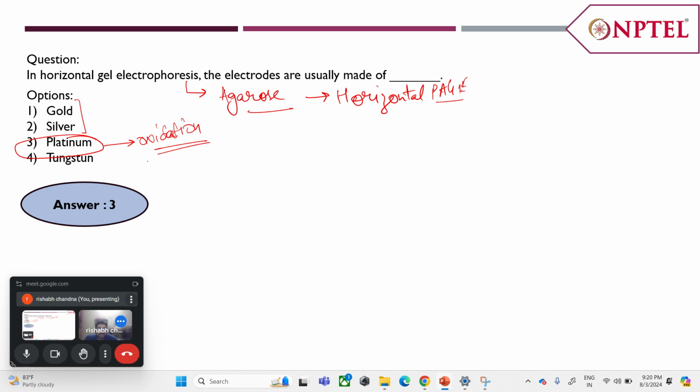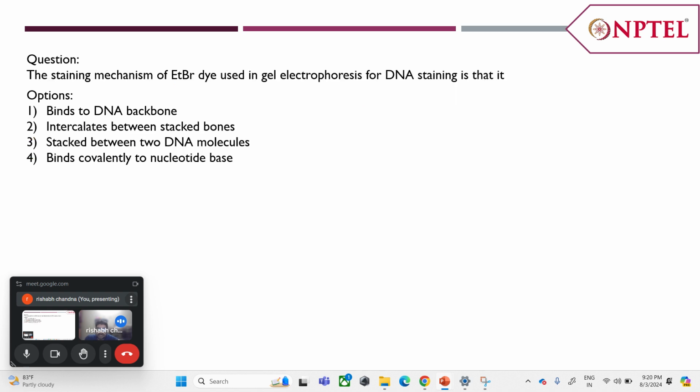Okay, so moving on to the next question. The staining mechanism of EtBr dye used in gel electrophoresis for DNA staining is that it binds to the DNA backbone, it intercalates between stacked bases of the DNA, or it binds covalently to the nucleotide base. So can anybody guess?